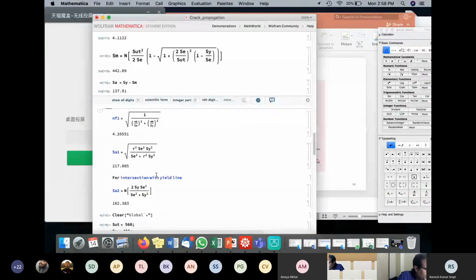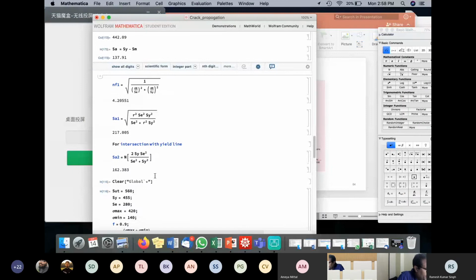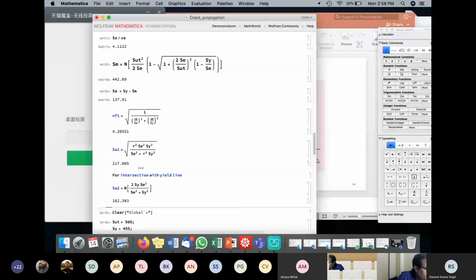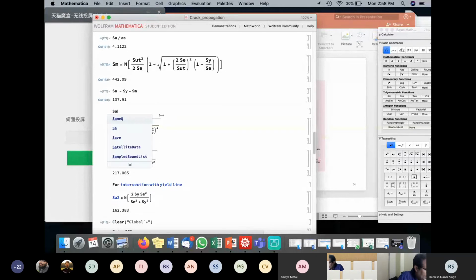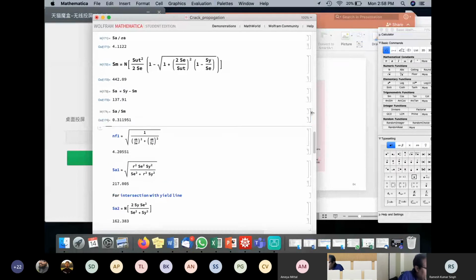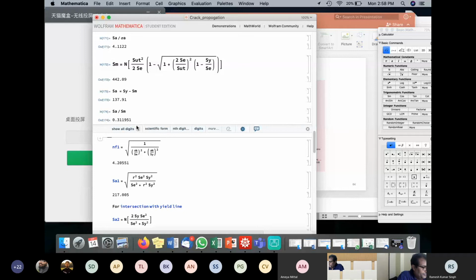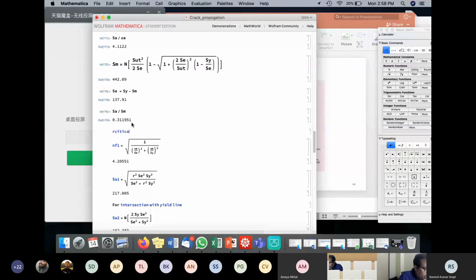Let's go back here. This should be equal to Sa by Sm, no, sorry, capital Sm. So let me just do this, and I'll find out R critical. R critical, or the slope of this critical line, is equal to 0.311.